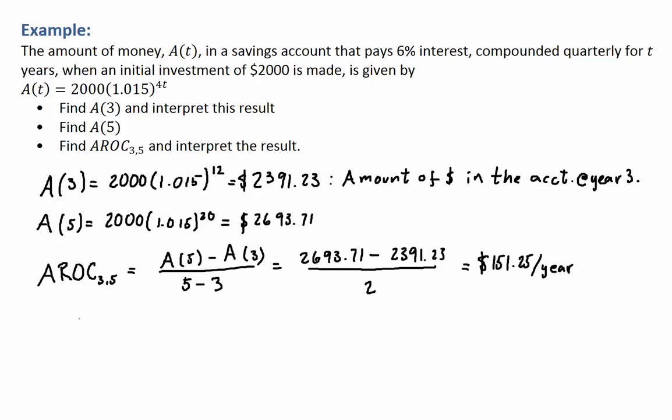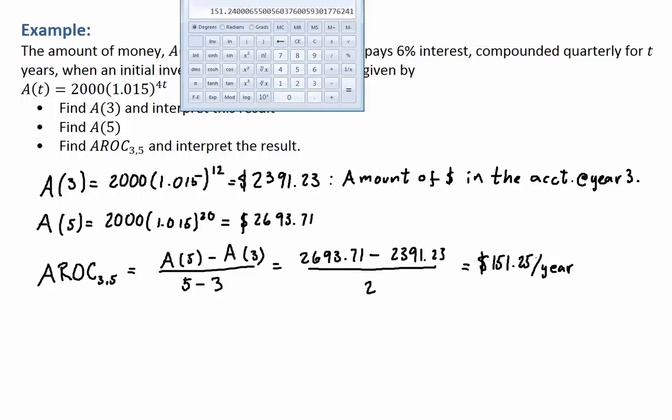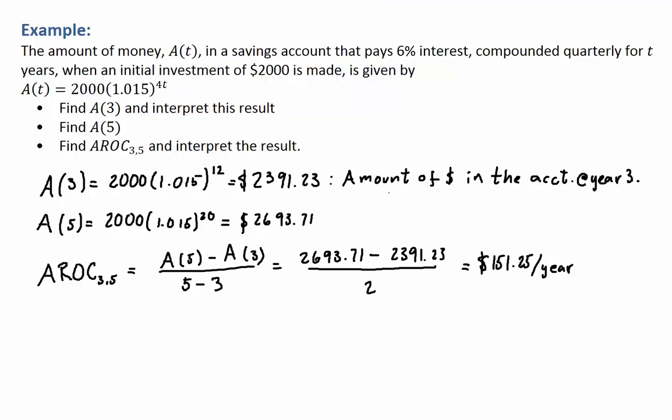Okay. So one thing you do have to be careful about whenever you calculate a rate of change is to add the appropriate units, because if I were just to write 151.24 without giving the units, then the number makes no sense whatsoever.